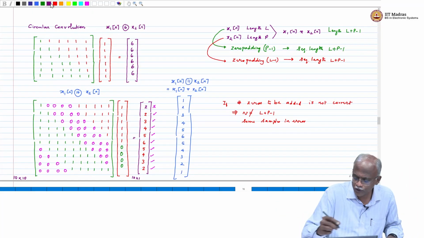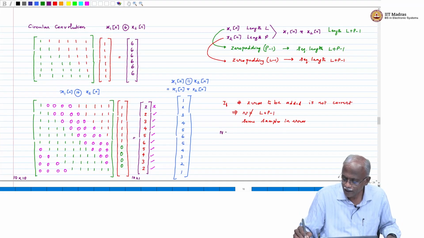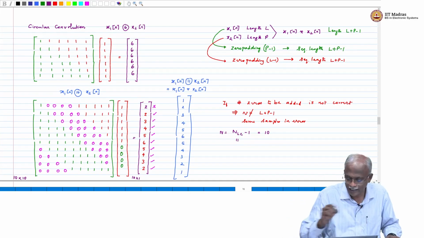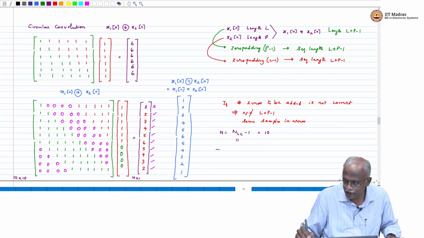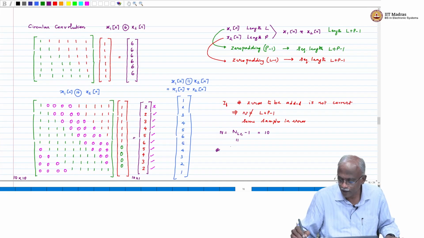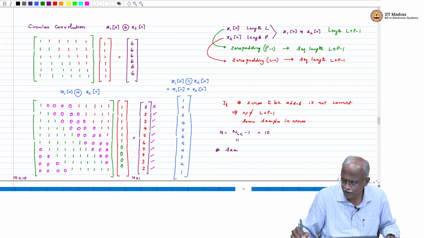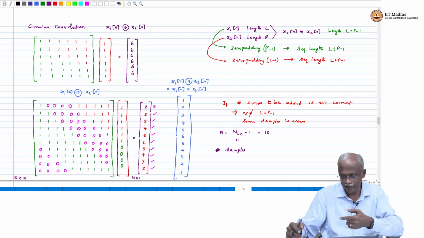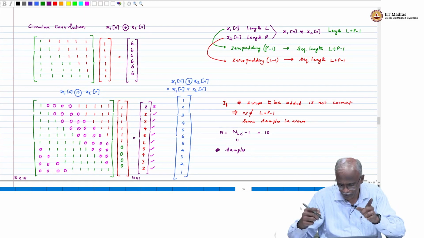Supposing we take n equal to, in this particular case, the linear convolution was equal to 11, but we chose the circular convolution to be equal to 10. What we find is that the number of samples in error is exactly the shortage with respect to n.